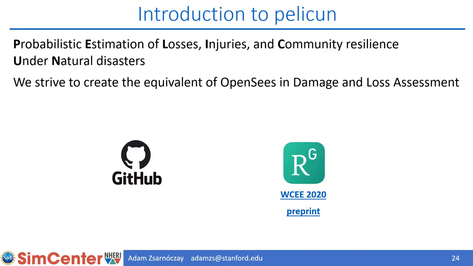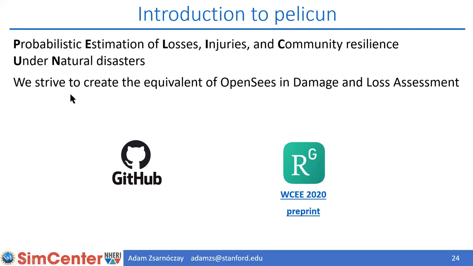We have a very permissive license, so I think you can really take advantage of these developments. And if you are interested in the framework that is implemented, then I encourage you to check this preprint of a paper that we wrote for the World Conference, and that will provide you more technical details and more theoretical information about how this framework works.